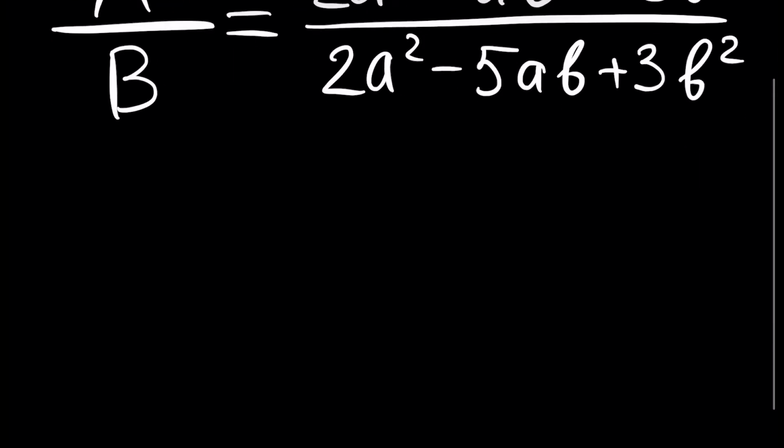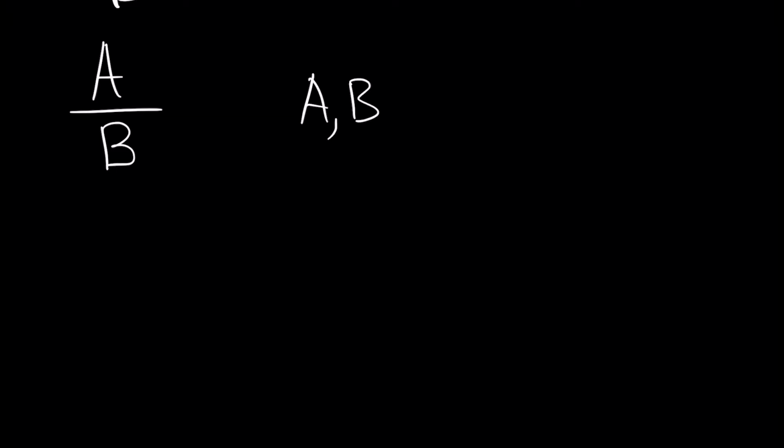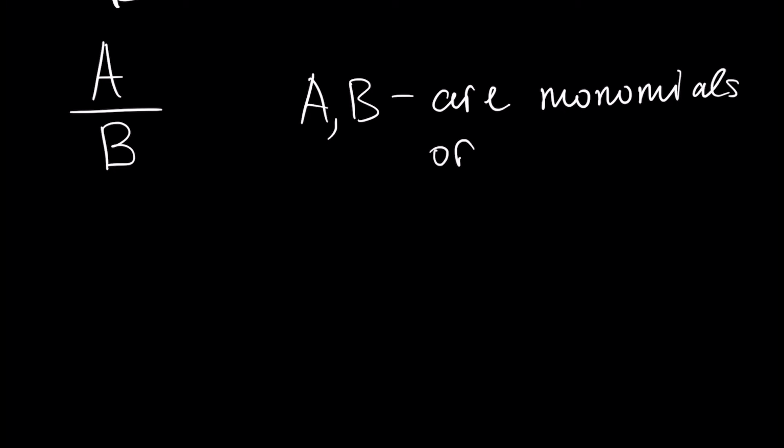First of all, let's begin with a definition and understanding of algebraic fractions. An algebraic fraction is an expression of the form a divided by b, where a and b are monomials or polynomials. As we know, a monomial is a polynomial with one member.